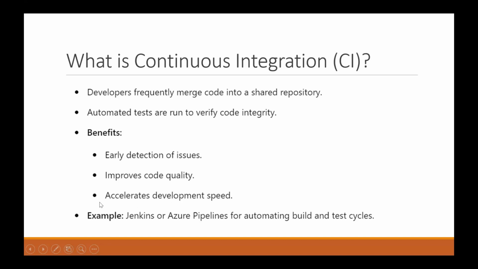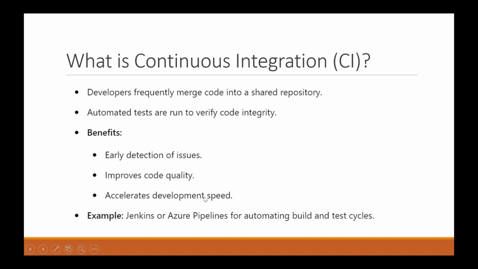Basically this will speed up your development life cycle. You can release your software easily and efficiently within a week or maybe daily as well. Okay, you just have to merge the code into your main branch and this CI pipeline will automatically be triggered. This will build the code and will trigger the CD pipeline to deploy your code.